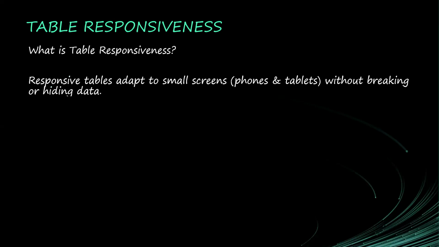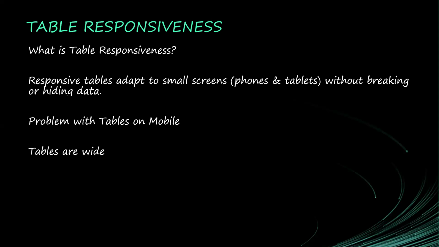Now let's talk about table responsiveness. Responsive tables adapt to small screens, phones, without breaking or hiding data. When your table is responsive, it doesn't break or hide data on mobile devices. But there are some problems with tables on mobile.